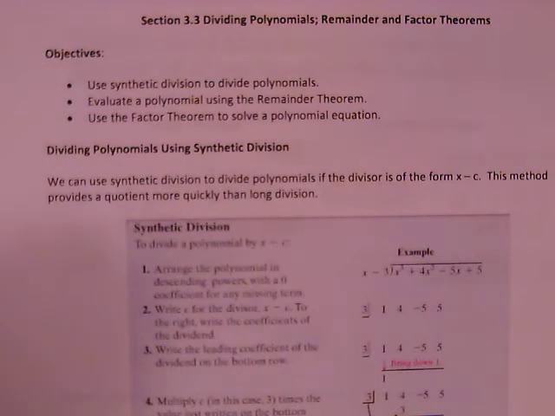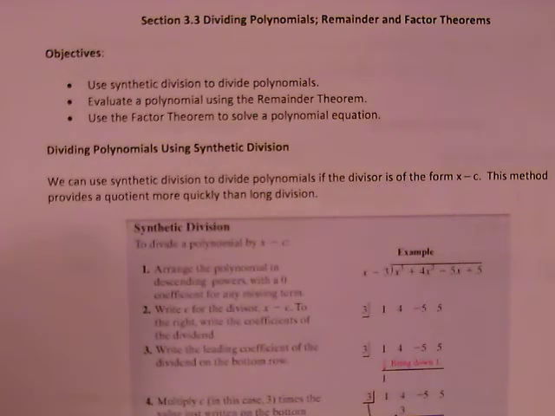Now here we can use synthetic division to divide polynomials if the divisor is of the form x minus c. Now this method provides a quotient more quickly than it would if you were to do the long division method.